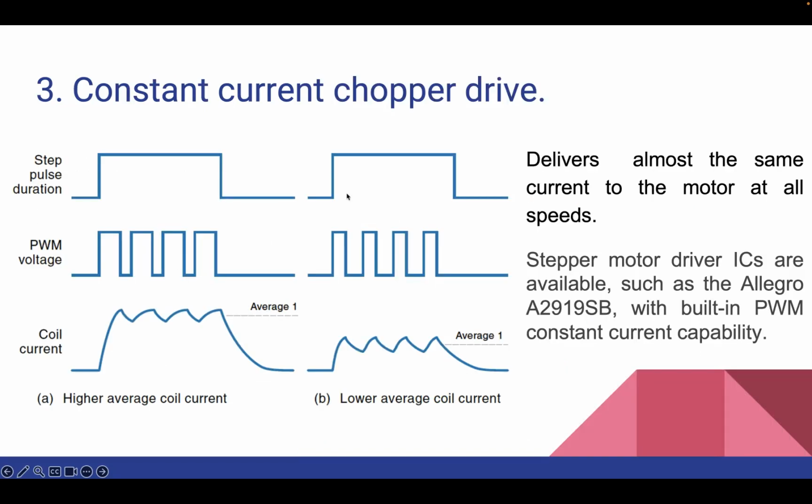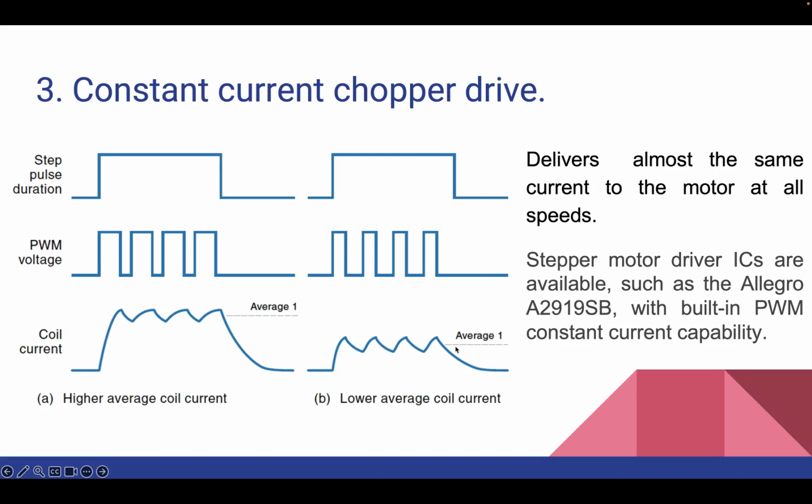The next is the constant current chopper drive, and this is also a sophisticated technique designed to deliver nearly the same current to the motor at all speeds. This consistency is important for maintaining torque and precision regardless of the motor's operating conditions.